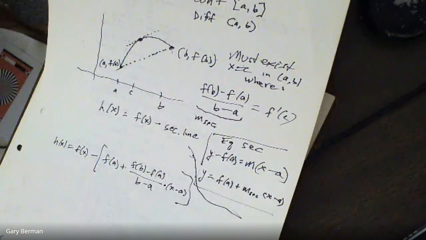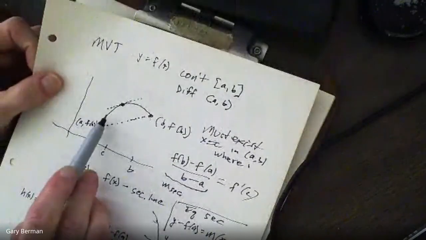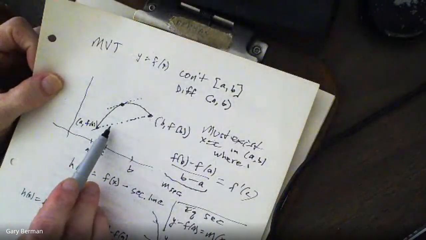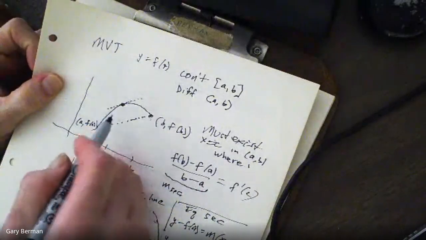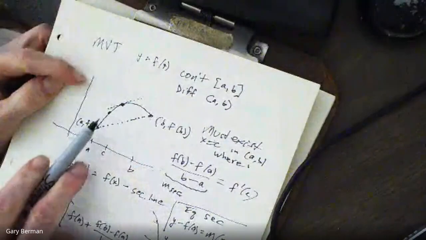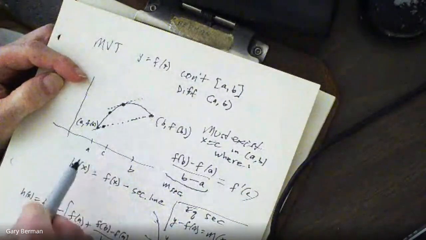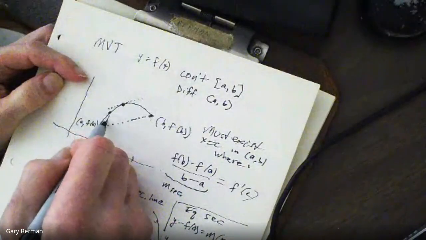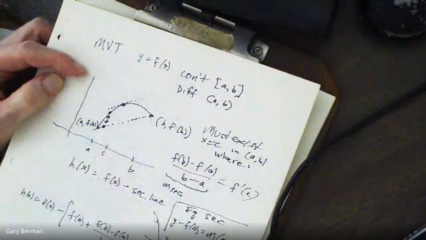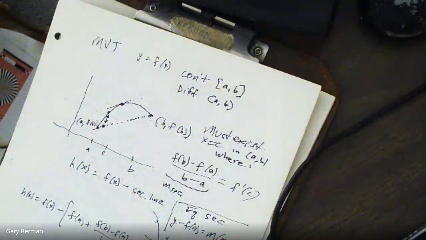This function actually is measuring the distance between the curve and the straight line. In other words, if I take f of x, the y value at some point on the curve, and I subtract the y value on the line, what I'm simply getting is the distance between the curve and the line. That's what this function h of x represents geometrically, really.